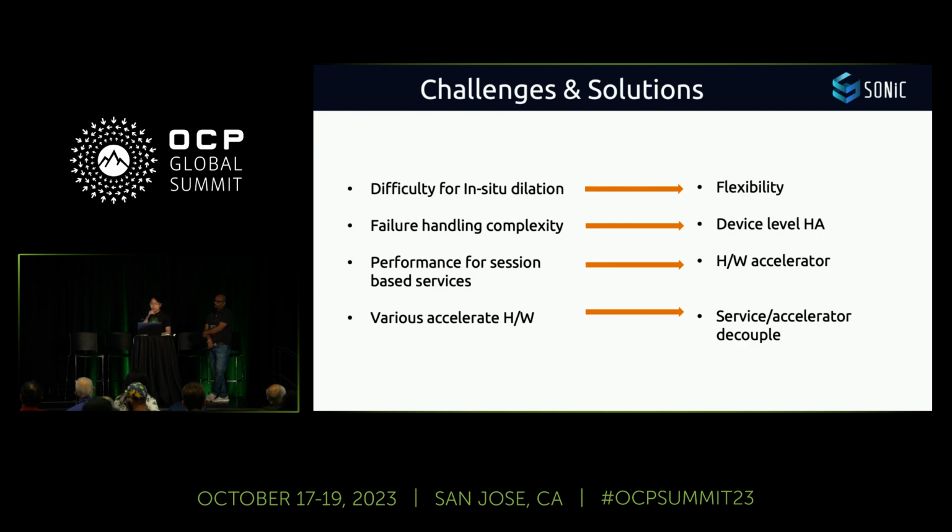This is a deployment issue. Another one is that in the current generation, we are using a switch plus server implementation of the gateway. So when the device crashes, the whole device goes down, and we have only device level HA for our edge gateway.